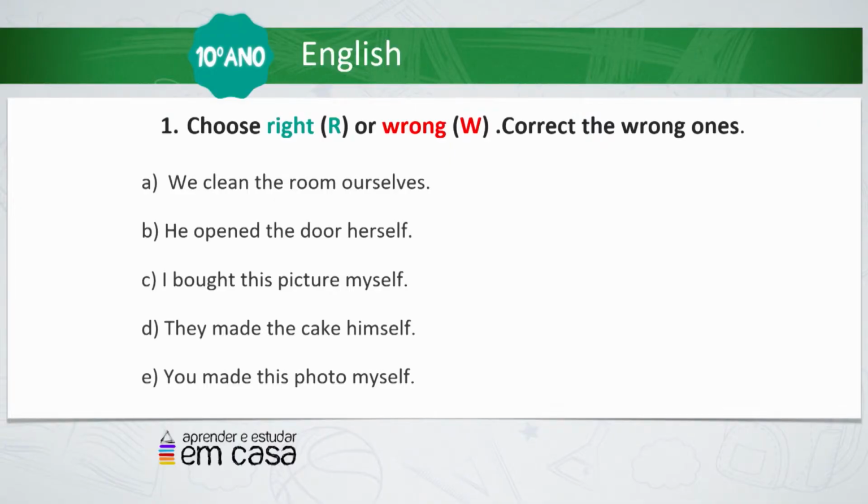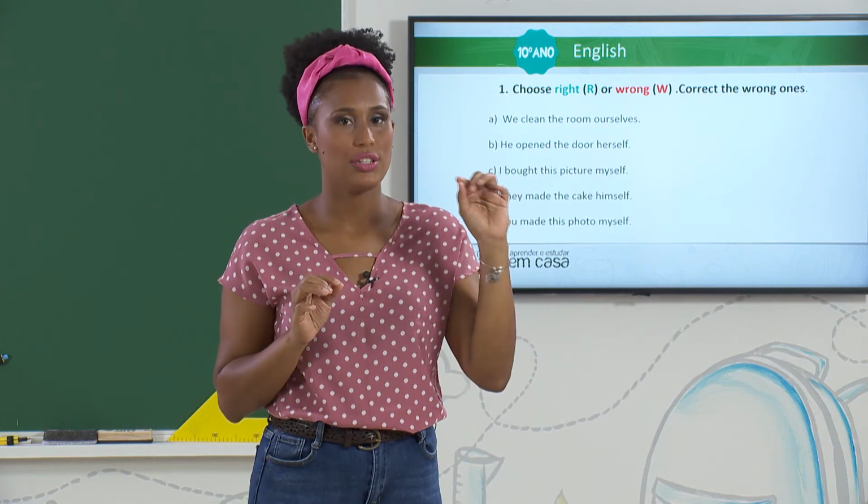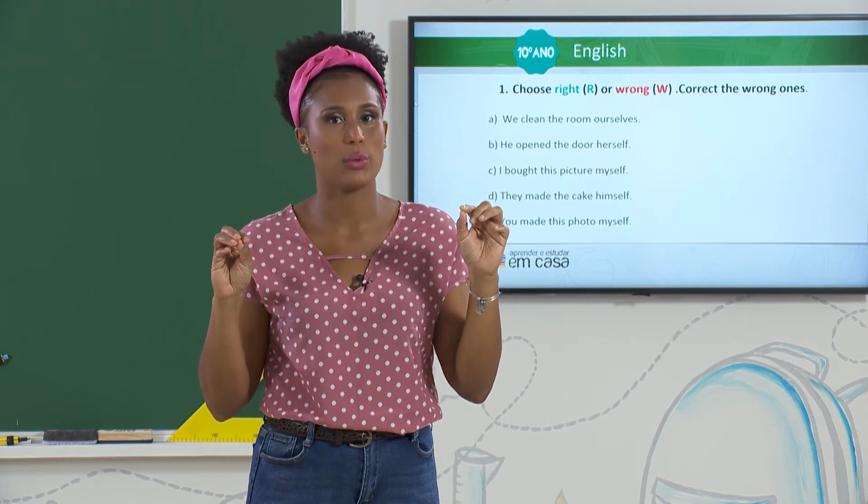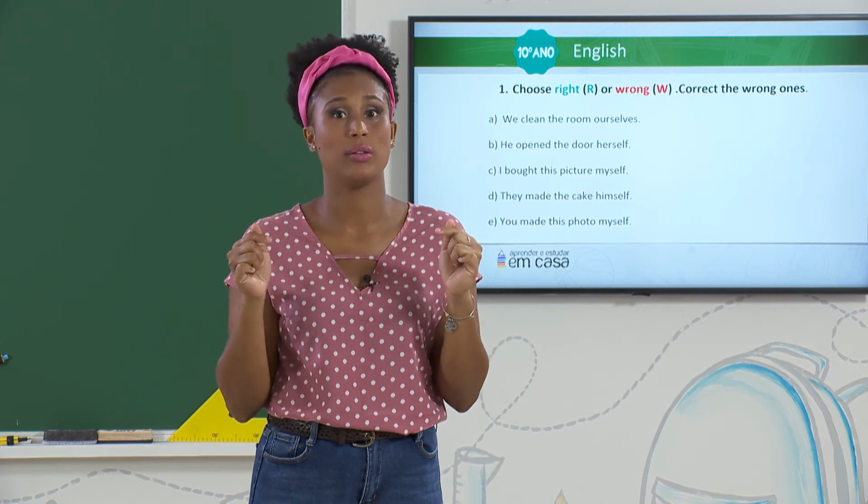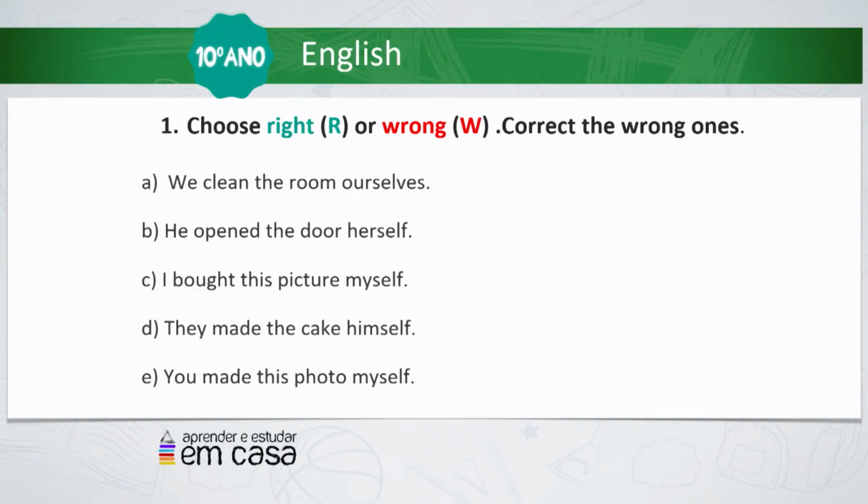A says, we clean the room ourselves. Please pay attention to the personal pronoun and the reflexive pronoun as well, to see if they are matching. B, he opened the door herself. C, I bought this picture myself. D, they made the cake himself.